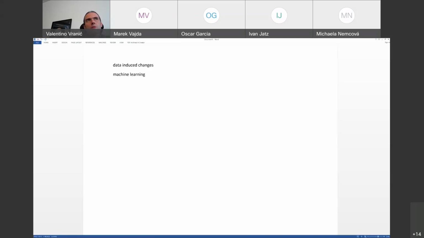There might be some changes based on machine learning. Maybe machine learning induced changes. So this changes the application logic to some extent, even application logic changes.